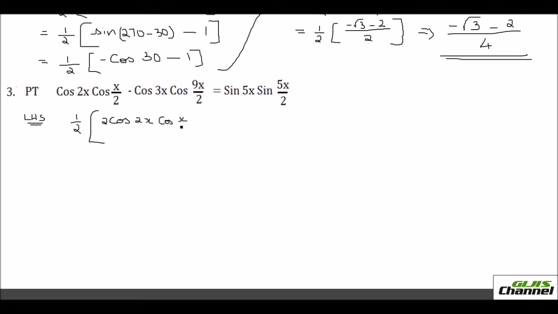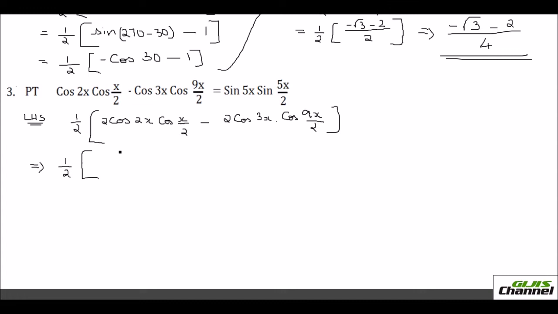Okay. The product I am taking inside minus, here too you will have 2 cos 3x times cos 9x over 2. Okay. I just keep the half out there, and this would represent 2 cos a cos b, right?